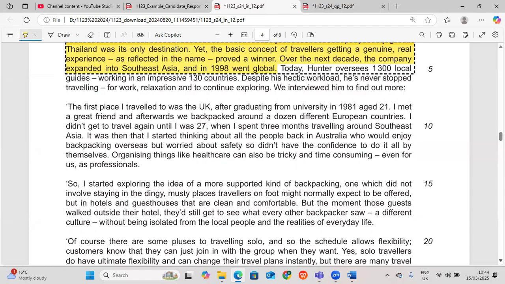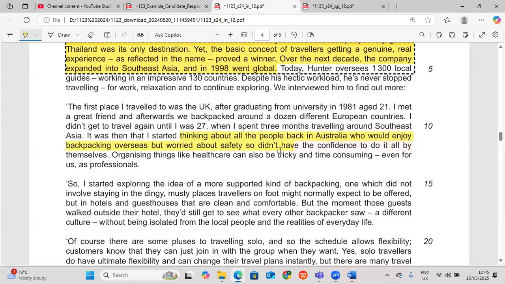Now, in this paragraph, once we look at the history of it, we can clearly see what the views of Bob Hunter about travel are. This is very clear over here. It says he was thinking about all the people who would enjoy backpacking overseas, but they're worried about their safety.